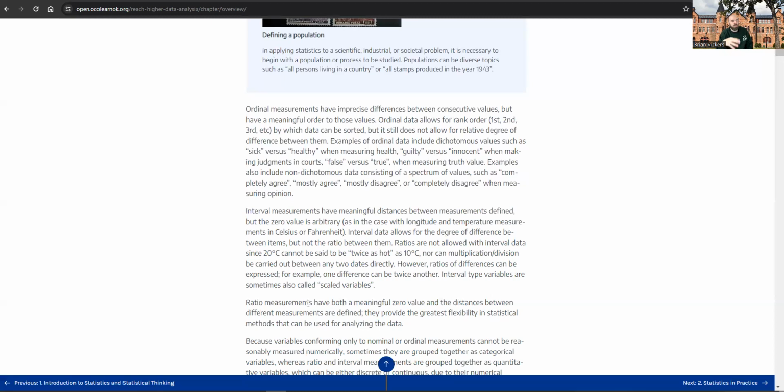Ratio, however, one difference could be twice as much as another. There's a meaningful zero. The distances between them are well defined. And if you're doing any kind of statistical measurements on them, ratio measurements would probably be the one that you're using.